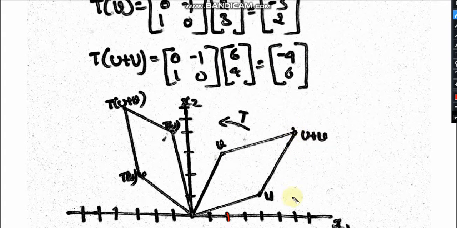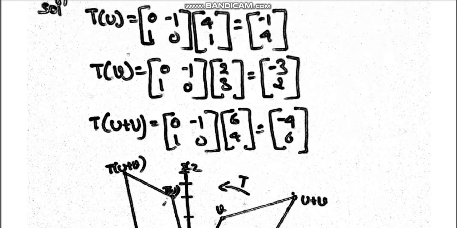You can see this is 6 and this is your 4, and after transformation this vector is being rotated 90 degrees. If I am rotating it by 90 degrees, what are the values it is taking? Just write the values: minus 1, 4, minus 3, 2, minus 1, 4.